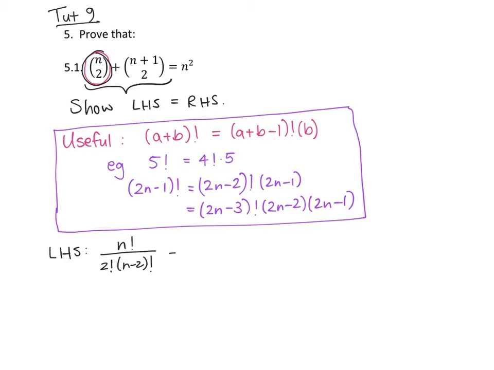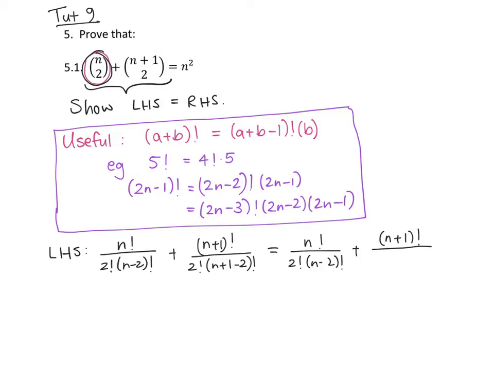And then n plus 1 choose 2 is n plus 1 factorial over 2 factorial times n plus 1 minus 2 factorial. I'm just going to rewrite that as n factorial over 2 factorial n minus 2 factorial plus n plus 1 factorial over 2 factorial, and this is going to be an n minus 1 factorial.